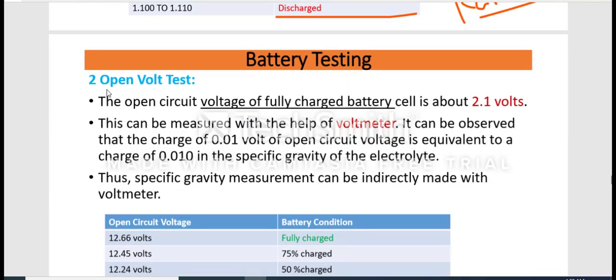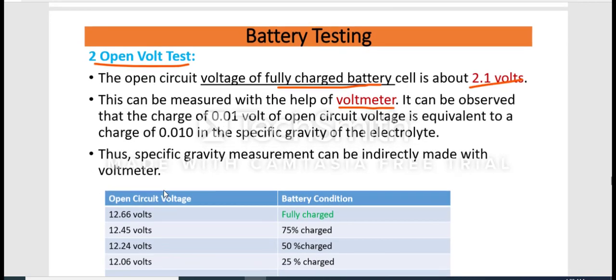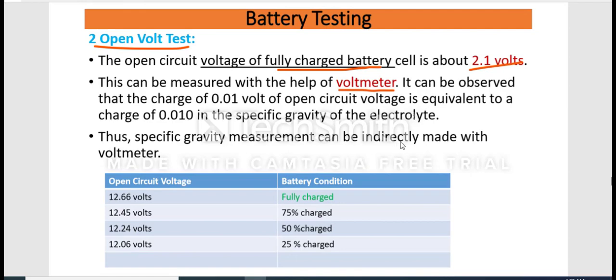The next point is the open hole test. Here a voltmeter is used to measure the voltage of the battery. Generally a fully charged cell has a voltage of 2.1 volts. The specific gravity measurement can be indirectly made with a voltmeter. If the voltage is 12.66 volts, then we can say this is a fully charged battery.